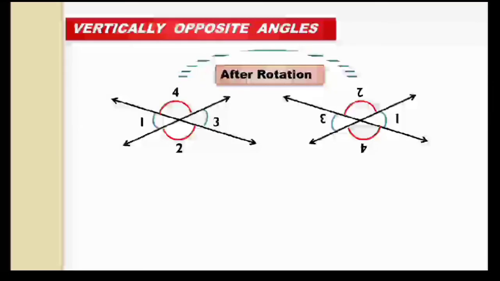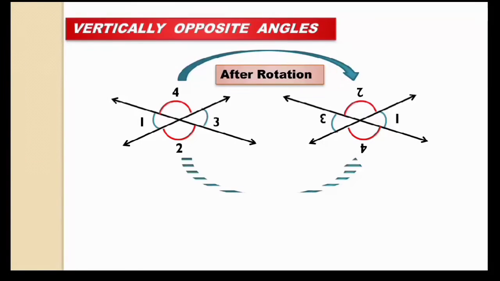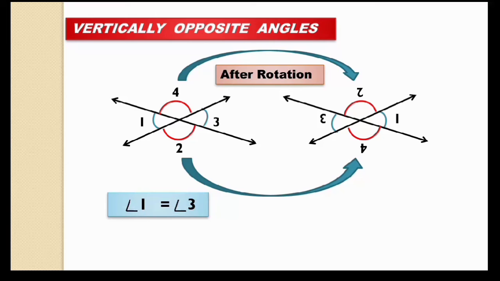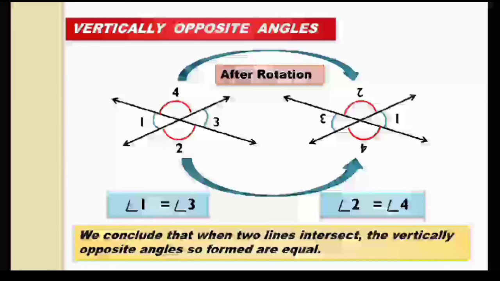It means we will get angle 1 equal to angle 3 and angle 2 equal to angle 4. These types of angles are called vertically opposite angles. And we conclude that when two lines intersect, then the vertically opposite angles so formed are equal.